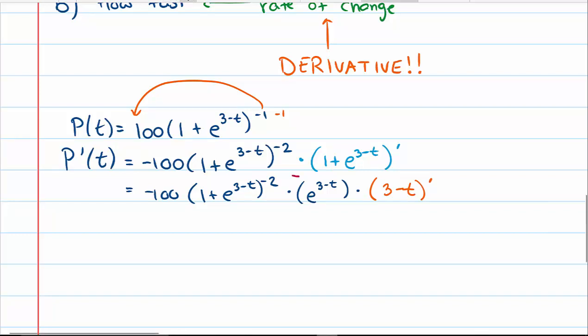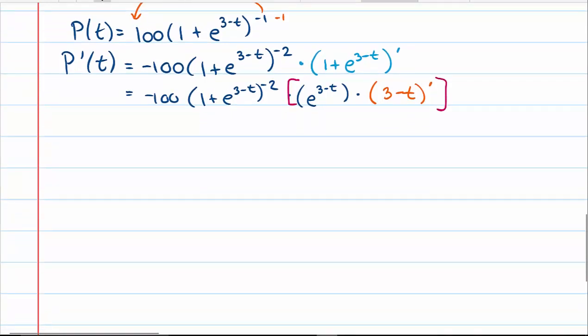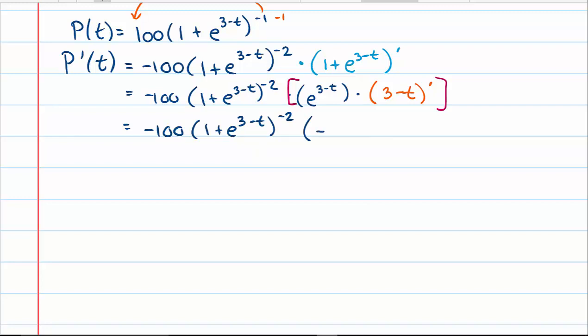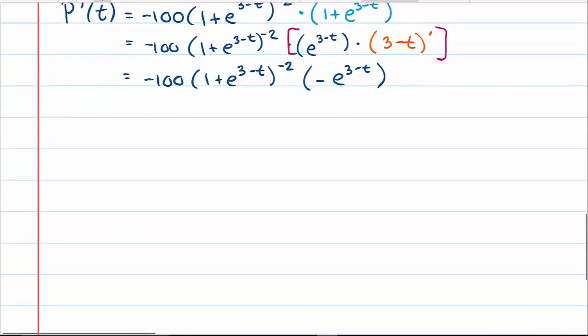Right? And this right here represents the derivative of just that little piece. So we get negative 100, 1 plus e to the 3 minus t to the power of negative 2, times a negative e to the 3 minus t, because the derivative of negative t is negative 1. And now we're just going to go ahead and clean this up a little bit. A negative and a negative make a positive.